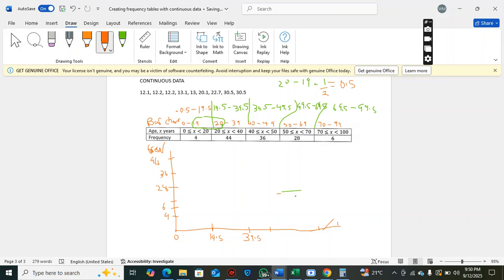Next one, 39.5 to 49.5, then 49.5 to 69.5, and 69.5 to 99.5.